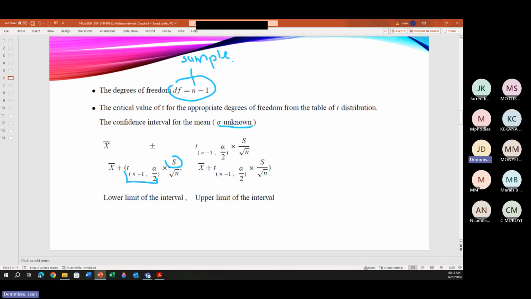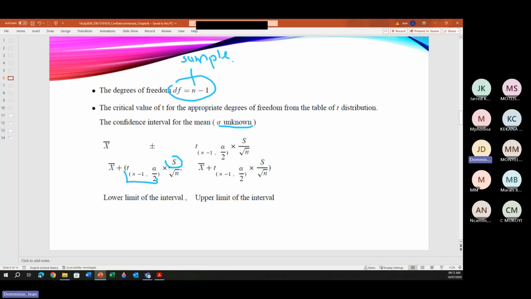It is mostly wrong, but there is an answer set for you as well. So that is nearly the biggest area of this study unit where students make the mistake, is to think that the standard deviation is known and you work it out with a Z, or where you think it is unknown and it isn't, and you work it out with a T. So just be very careful with that.